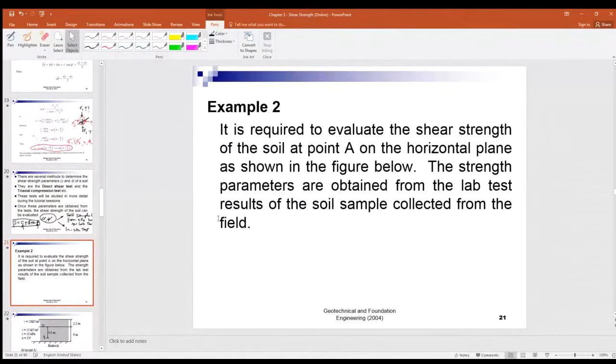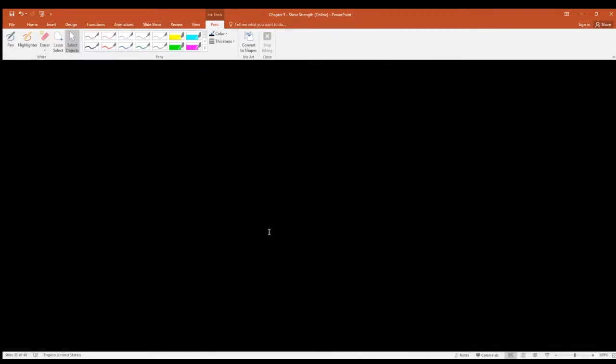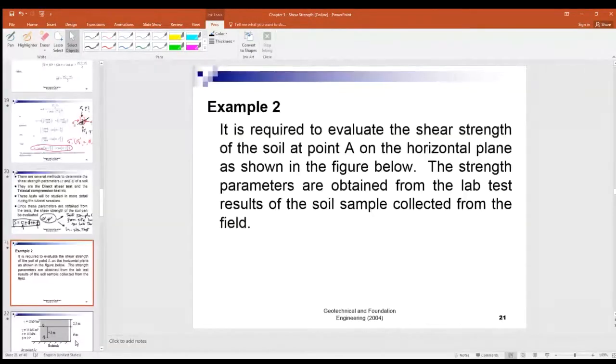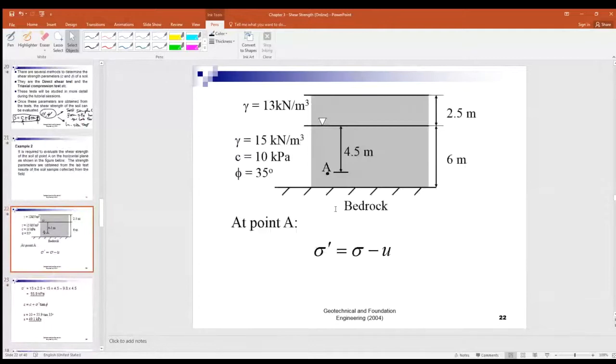Example 2. It's required to evaluate the shear strength of the soil at a certain point on the horizontal plane, as shown in the figure below. And you got the strength parameters, right? So let's take a look at this example.